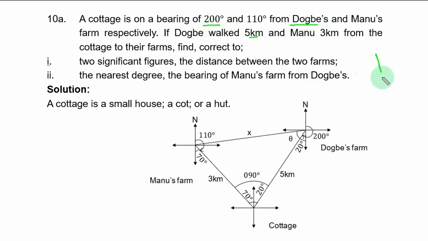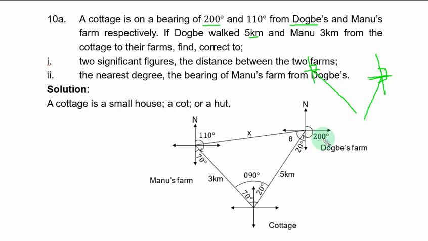So if Dogbe's farm is somewhere here, from the north, 200 degrees is in the third quadrant. So you have the cottage down of Dogbe's farm. Now for Manu's farm, the bearing is 110. 110 is in the second quadrant. That is also down of, so the cottage is also down of Manu's farm.